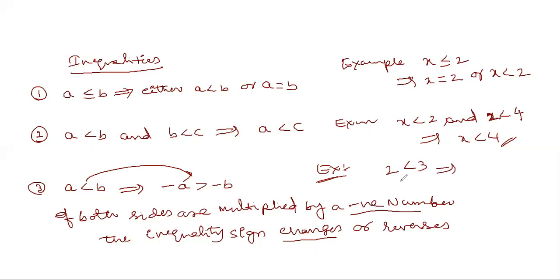If you multiply with minus, that means minus 2 and minus 3. Between minus 2 and minus 3, which one is bigger? Minus 2 is bigger. So definitely, if you multiply with minus, the inequality changes. So it is saying that if both sides are multiplied by a negative number, the inequality sign changes or reverses. Changes or reverses, both are the same idea.